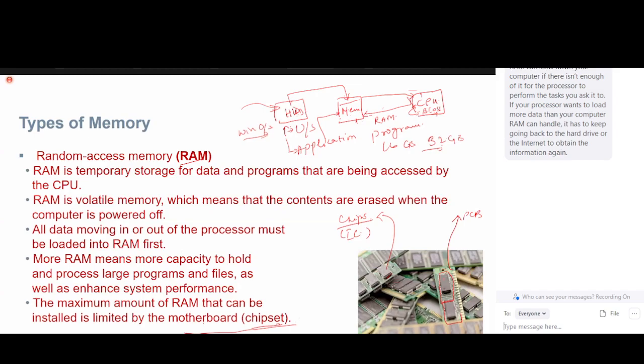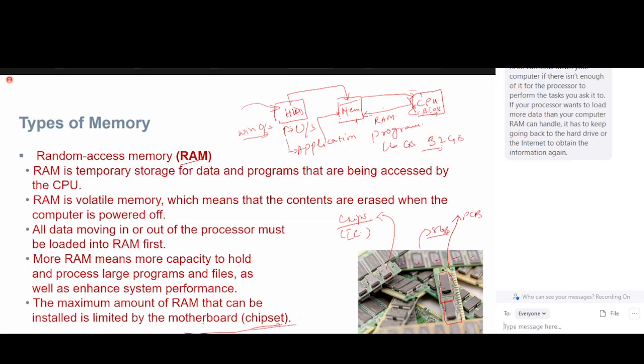So those are how many are installed. You see here, one, two, three, four, five, six, seven, eight. If there are eight chips, you may think it is 8 GB of memory. One chip may store 1 GB of data, though it depends on how it is manufactured.